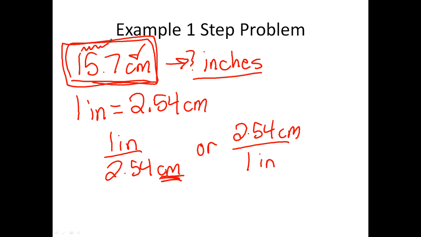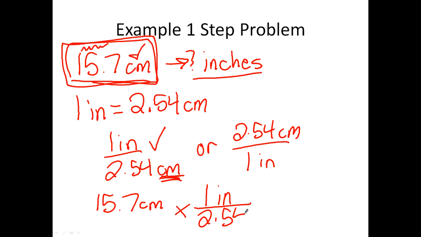So to actually do this problem, you're going to take your 15.7 centimeters, and we're going to use this conversion factor right here because the centimeters are on the bottom. It's going to cancel out these centimeters. It's going to divide out those centimeters. Exactly, that's what I said. So 1 inch over 2.54 centimeters.